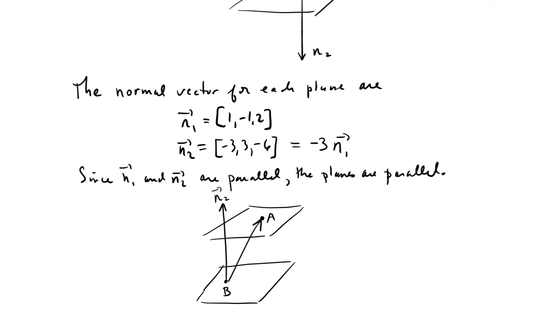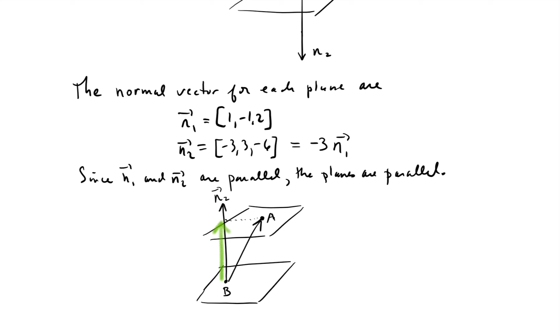But whether you choose n1 or n2 doesn't matter, because they're parallel vectors, and we're going to project this vector onto n2 in order to calculate its norm and find the distance. You can do that on your own, or maybe we can choose all the same points.